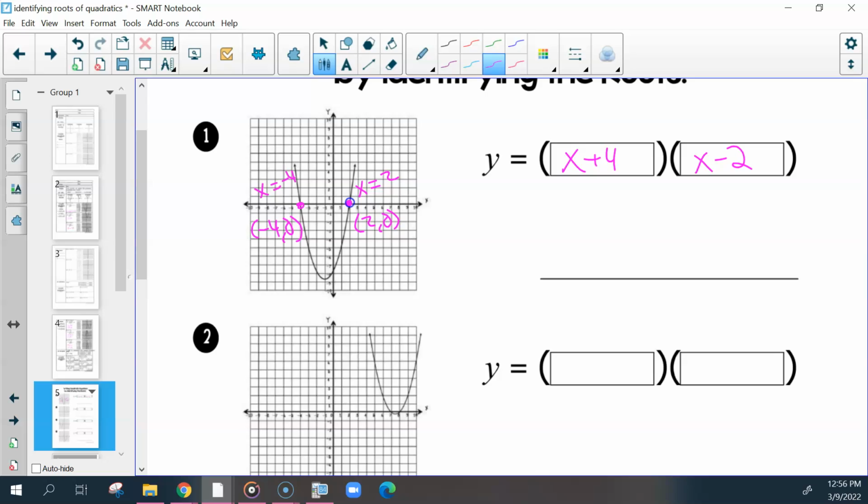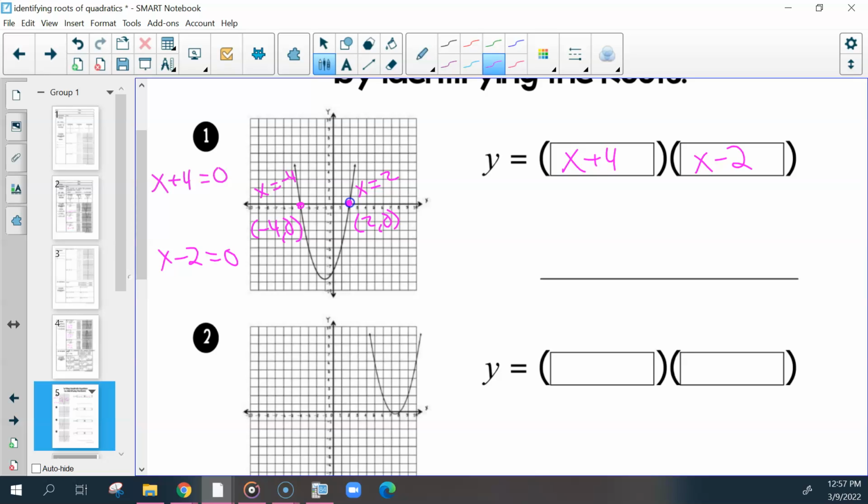The reason we write them backwards like this is because when you get these factors, like when we were factoring and we got factors at the end, the step we're not doing now, solving by factoring, is taking each of the factors, setting it equal to 0, and solving.